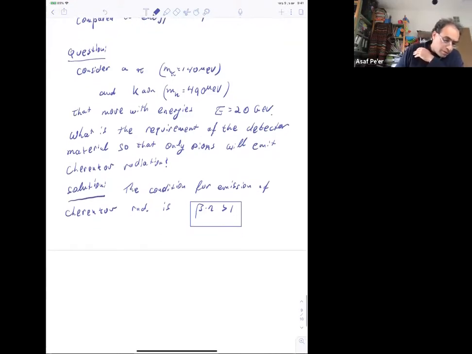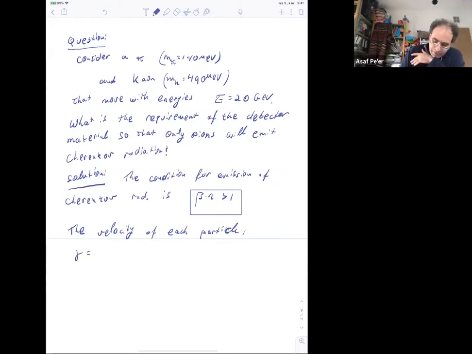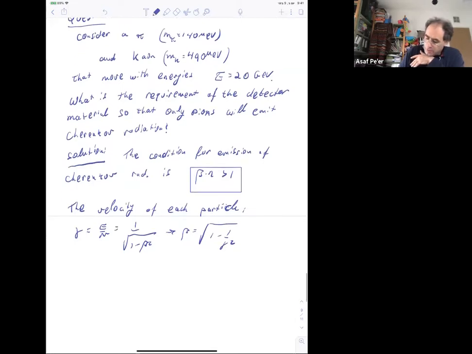Forget it. Now we can calculate the velocity of each particle, right? So the velocity of each particle: gamma is just E over m, which is 1 over the square root of 1 minus beta squared, which means that beta, the square root of 1 minus 1 over gamma squared, is the square root of 1 minus (m over E) squared.